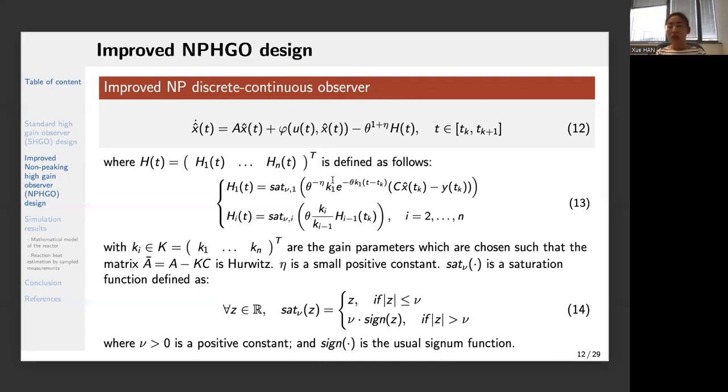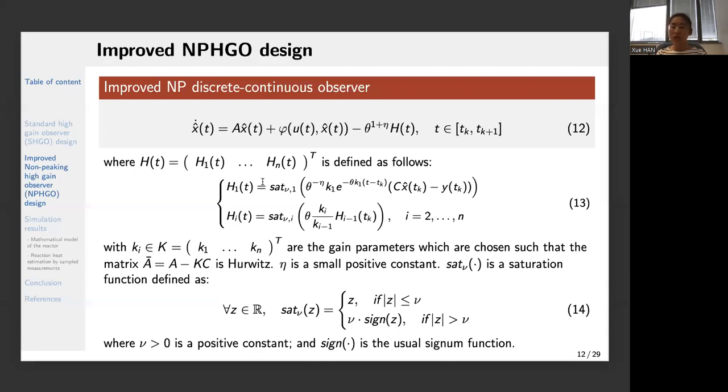With this correction item, we also use the sampled output. And for the following Hi, for i bigger than 2, we can also use a saturation. That means we will limit our correction item into an interval.